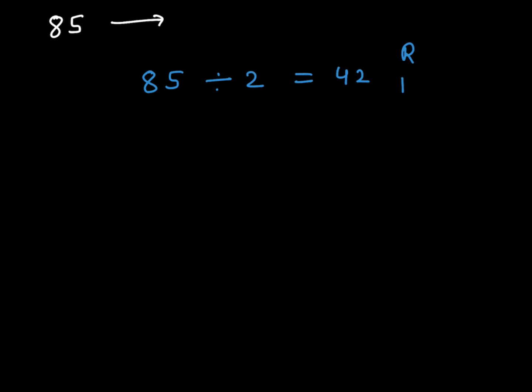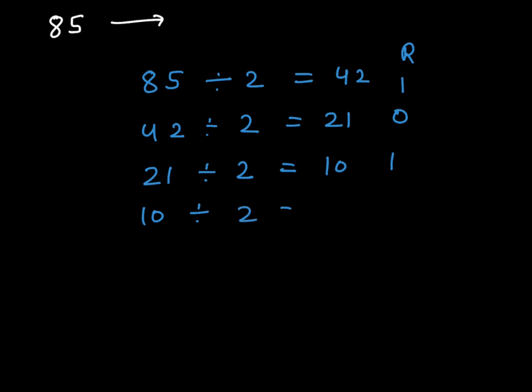Now we divide 42 by 2 and have 21 with remainder 0. Now we divide 21 by 2, so we have 10.5, that is 10 with remainder 1. Now we divide 10 by 2 and have 5 with remainder 0.